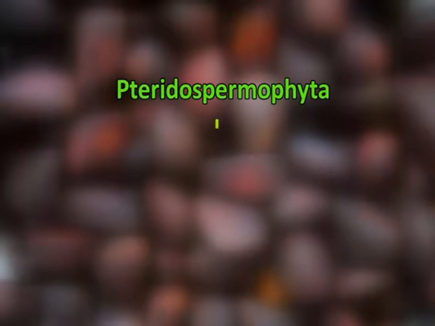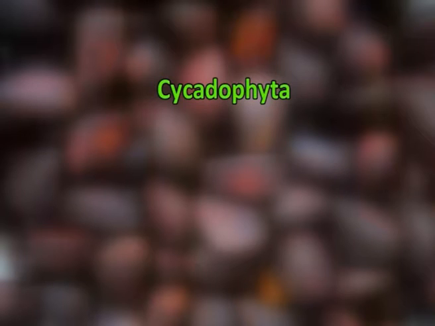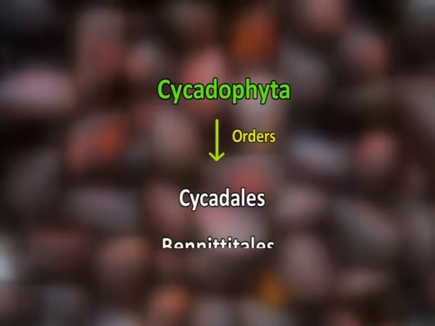Andrews in 1961 divided Gymnosperms into 6 divisions and 9 orders. Division 1, Pteridospermophyta, having a single order, Pteridospermales. Division 2, Cycadophyta, having 2 orders, Cycadales and Bennettitales.